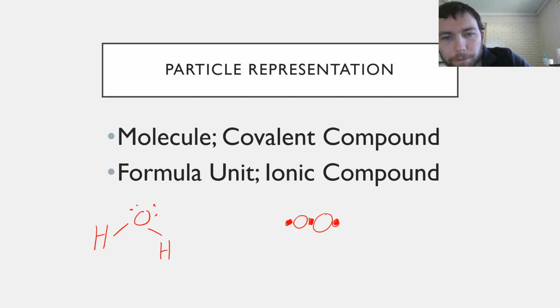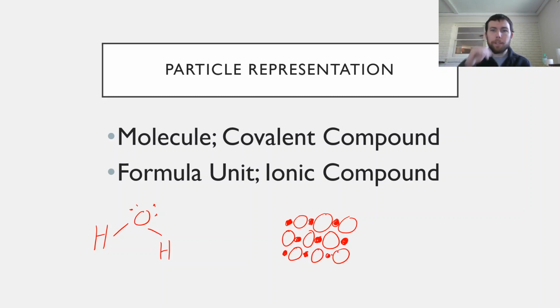Not doing a pretty good job of keeping them consistently the same size, but you kind of start to see this pattern that it follows, right? And so that would be the representation of your solid.